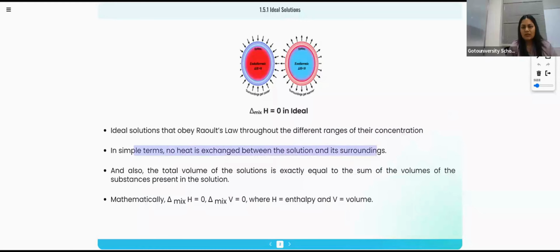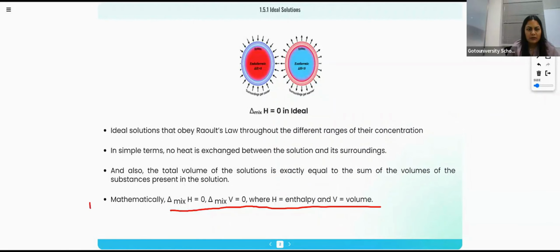In simple terms, there is no heat exchange. Also, this is very important, the last point: mathematically, the enthalpy of mixing is equal to 0, and the change in volume is equal to 0, where H is enthalpy and V is volume.